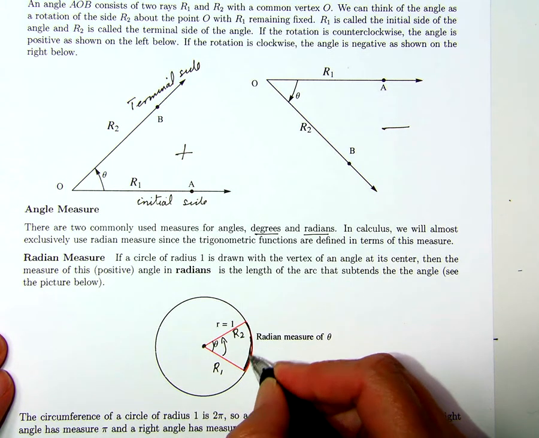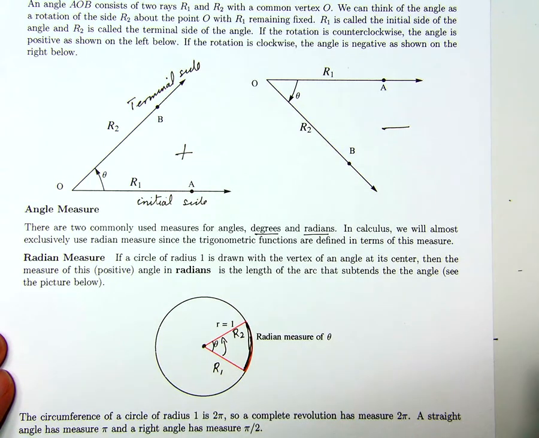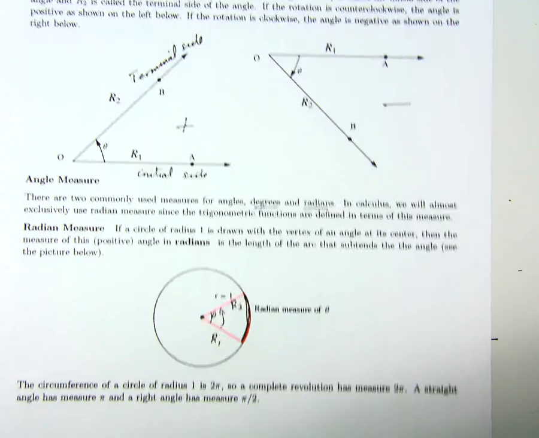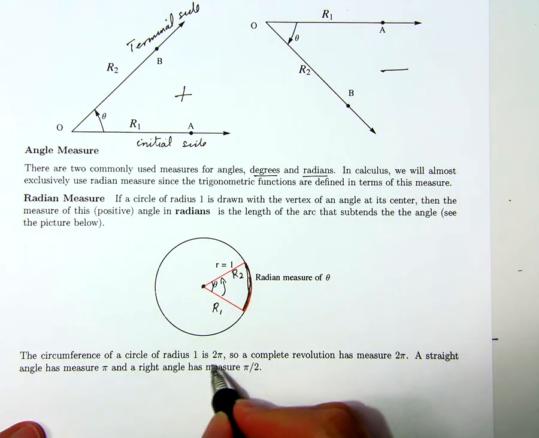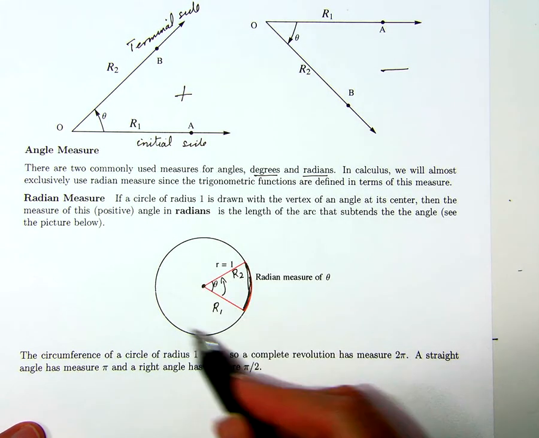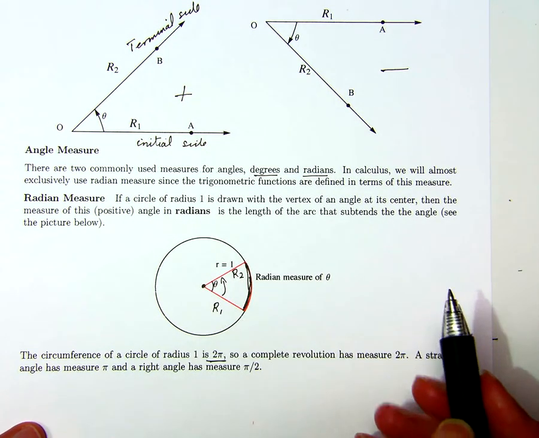So it's the length of this arc here. And if you remember, the length of the circumference of the circle is 2 pi. So one complete revolution here has length 2 pi.